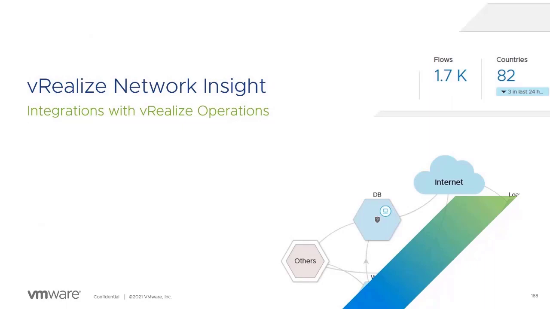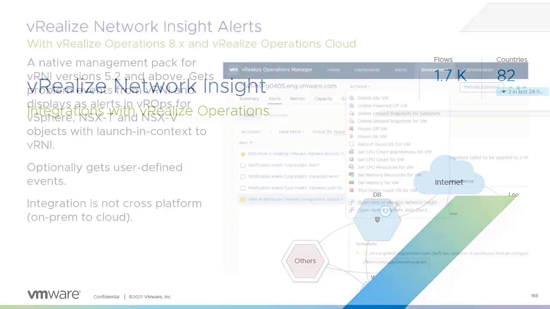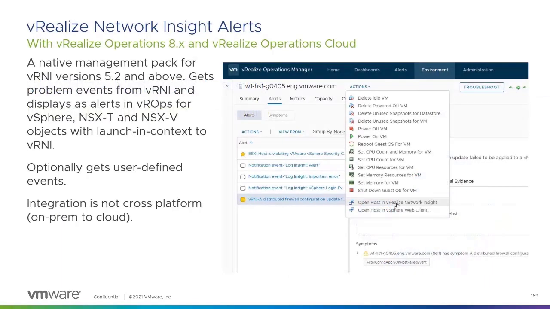Network Insight provides network visibility across clouds with intelligent application discovery, optimization, analytics, troubleshooting with assurance and verification. Let's see how it works together with vRealize Operations. In the case of Network Insight, the support between platforms is identical.